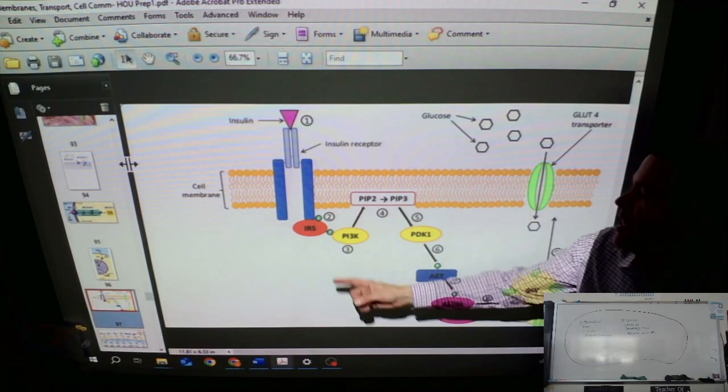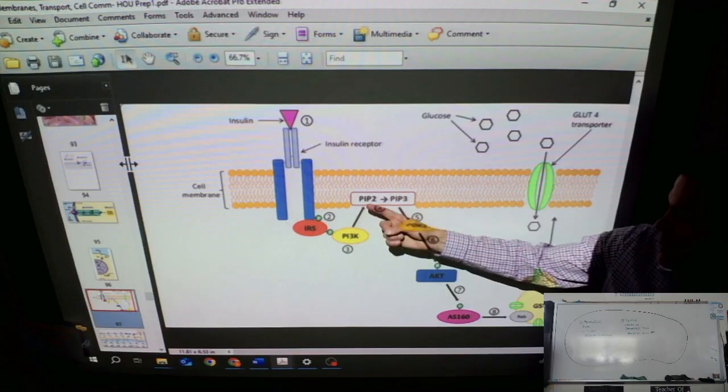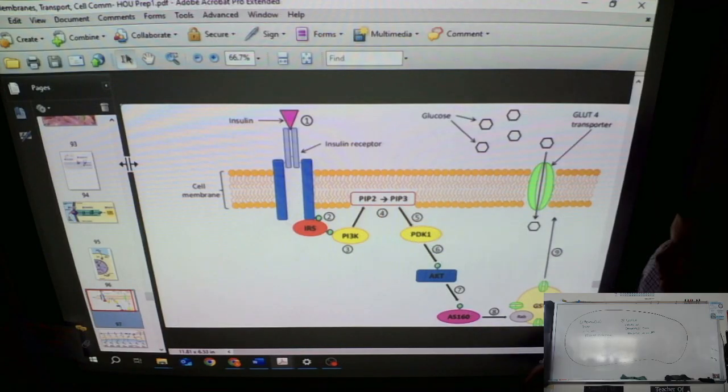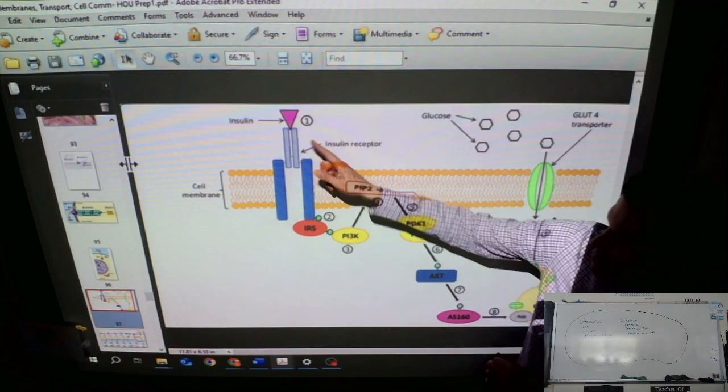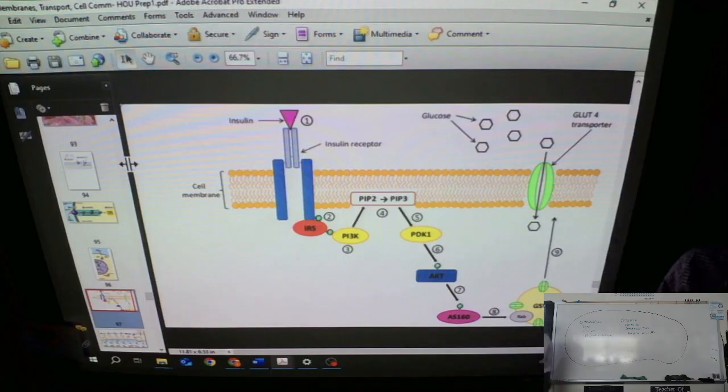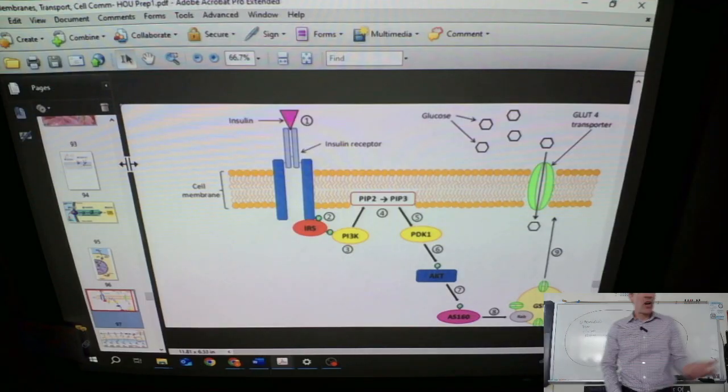You don't have to say like, this protein activates this protein, activates this one, this one, this one, but just like overall, insulin hits an insulin receptor, and then like, what's the result? So talk with somebody around you.